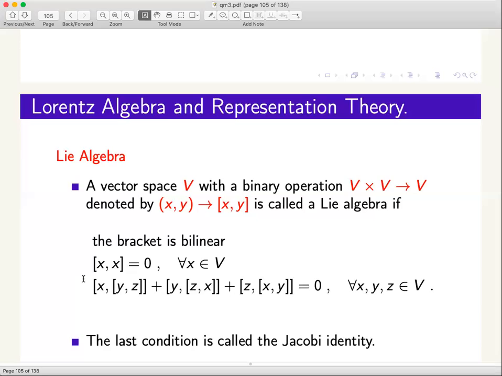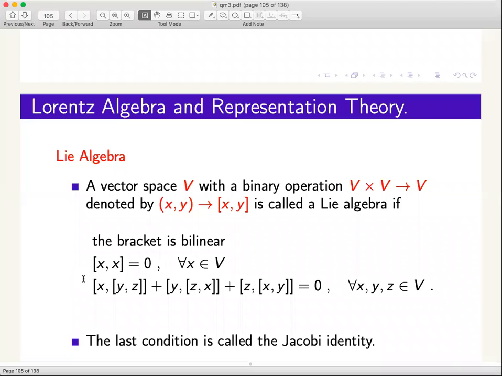A cross B is antisymmetric, right? It is like a commutator, but it will not satisfy the Jacobi identity. The cross product will not satisfy the Jacobi identity.